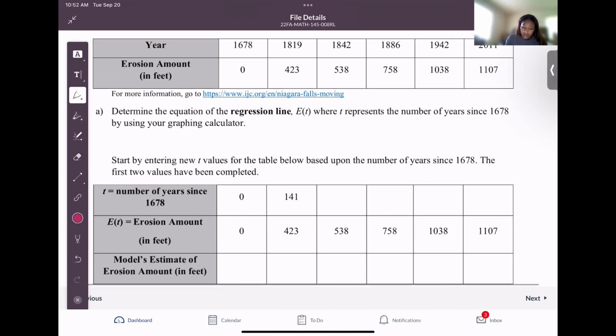And then the year 1819, that's 141 years after 1678, so that will correspond to 141. Then we subtract to figure out the difference between the years to find the input values for T. So for 1842, we do 1842 minus 1678. That gives us 164.